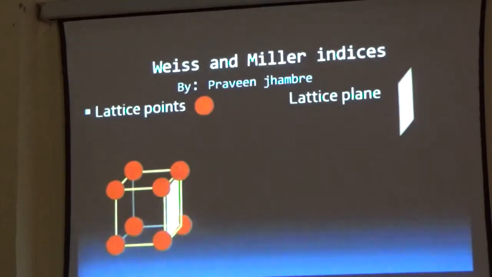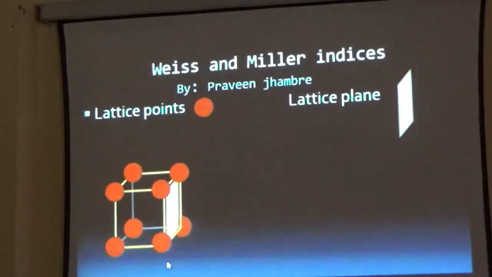Now, as we know that this is a line, one dimensional, and we have to move to cover this area in two dimensional, and a plane is two dimensional. So if we consider this a unit cell, then it is a face, and if you assume that this is the whole lattice, then it becomes a plane.